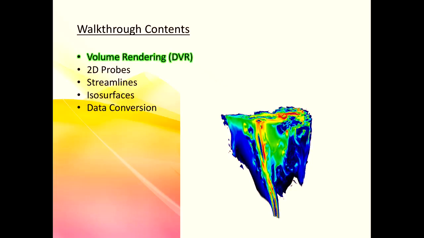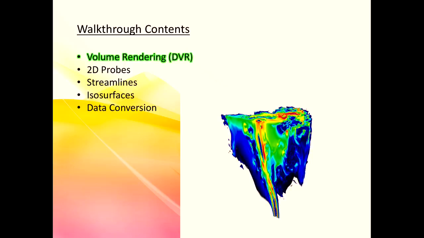Before we jump into Vapor, I want to give you guys a little bit of pretext into the kind of visualizations we'll be making. I should back up and say that Vapor is a toolset that is comprised of a series of renderers, each renderer doing a different depiction of your data. And the first renderer we'll be looking at is called the volume renderer, or DVR.